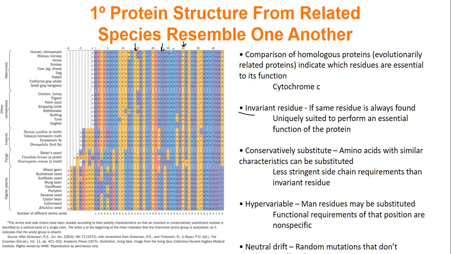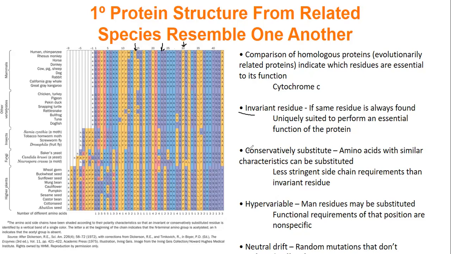Otherwise, we would have seen that cysteine be mutated away in some other organism. So that's the idea of an invariant residue. When you combine the sequences of different organisms, if that residue never changes, that residue must be critical. That exact amino acid must be critical to the function of that protein.